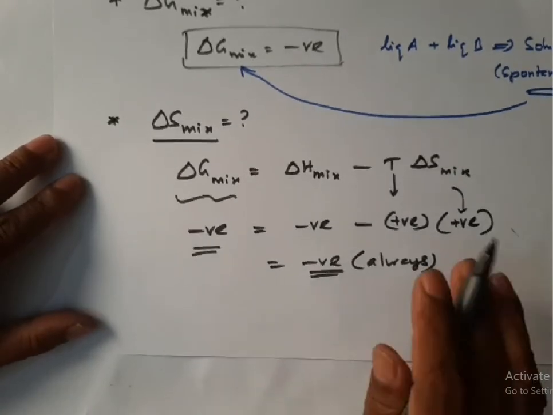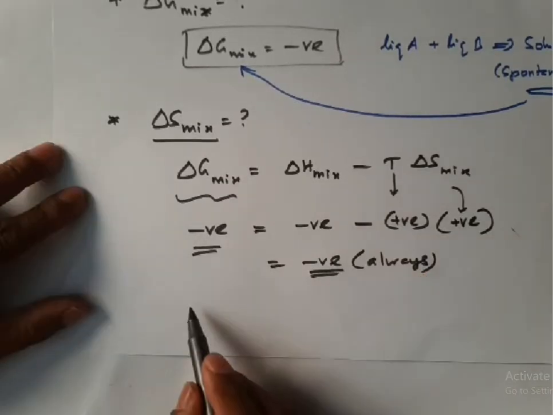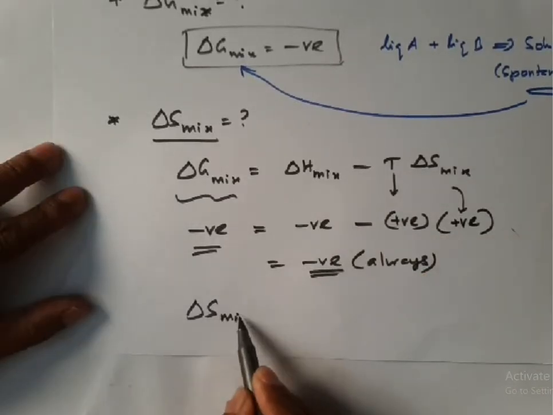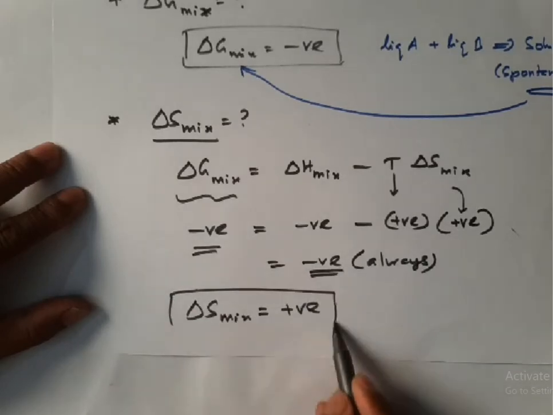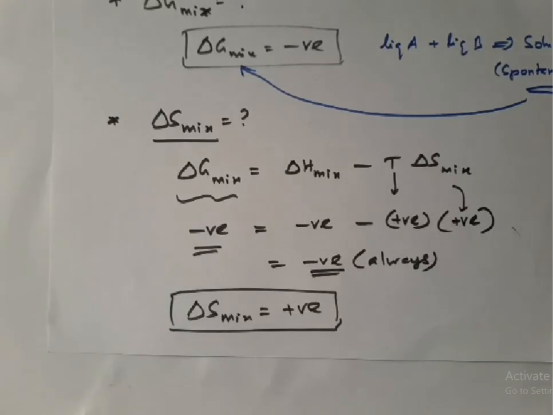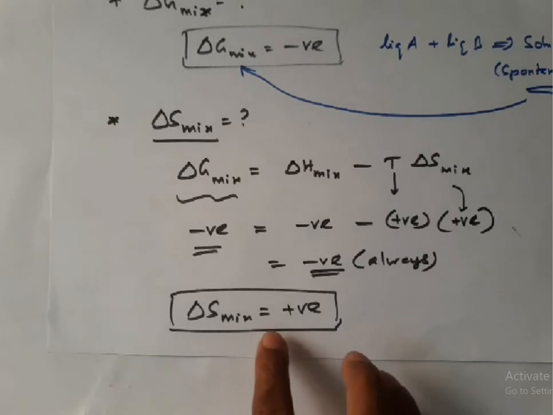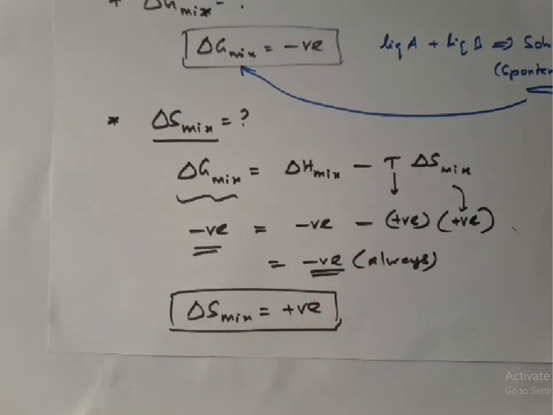So what does this indicate? It indicates that delta S mixing should be positive to get a solution showing negative deviation, with any liquid pair A and B. If any liquids A and B form a solution showing negative deviation, then delta S mixing should be positive.